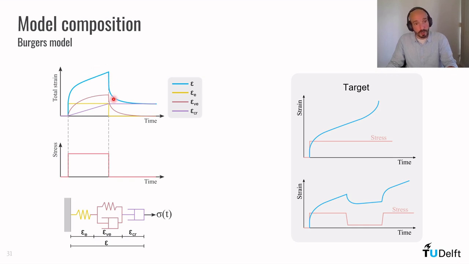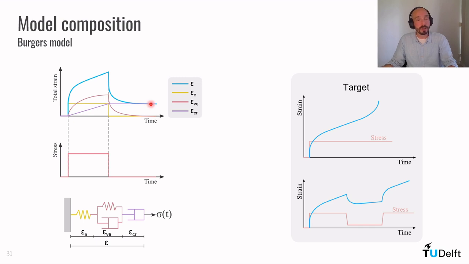So when we remove the load, the spring and the Kelvin-Voigt element will recover completely, but the dashpot will not recover. And if we look at this graph here, of course, this is just an illustration, but this is too much.